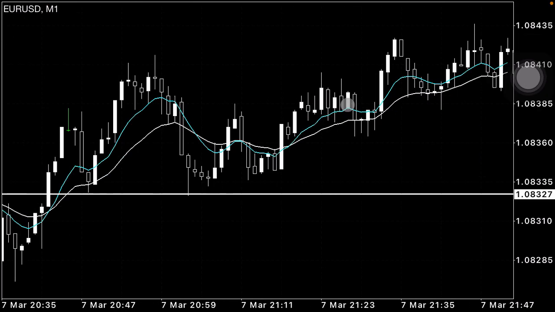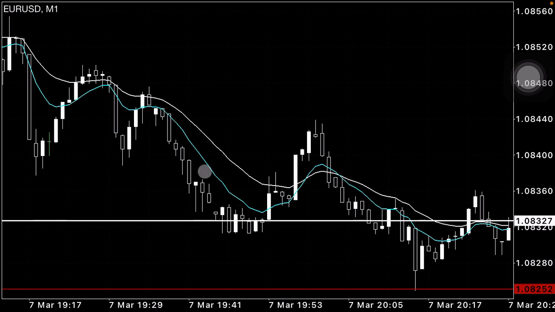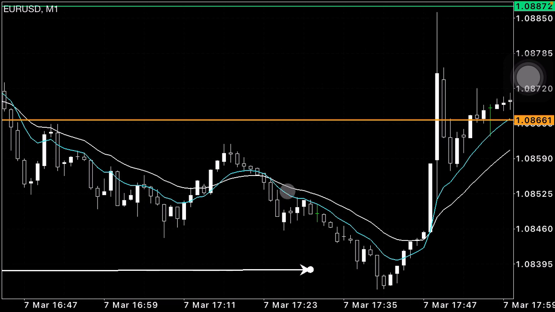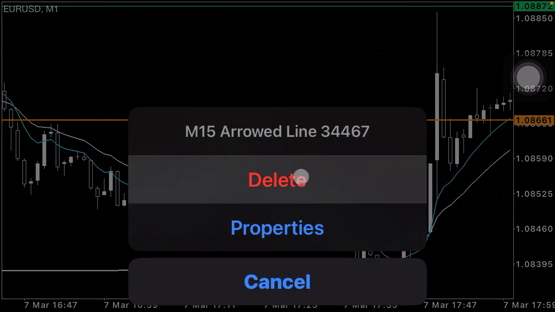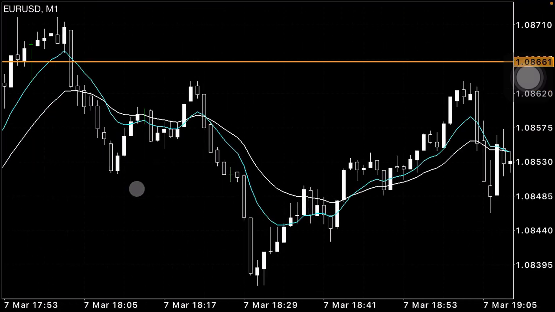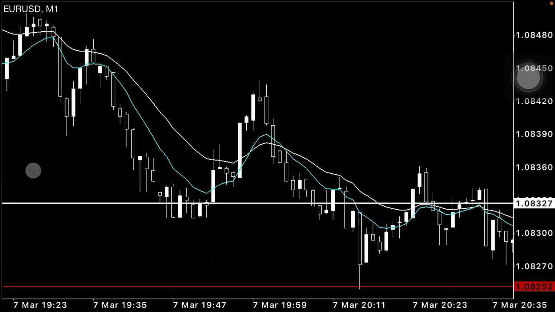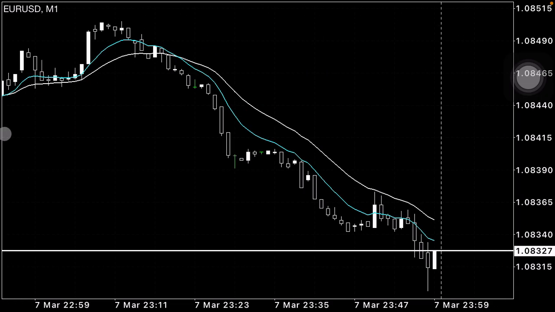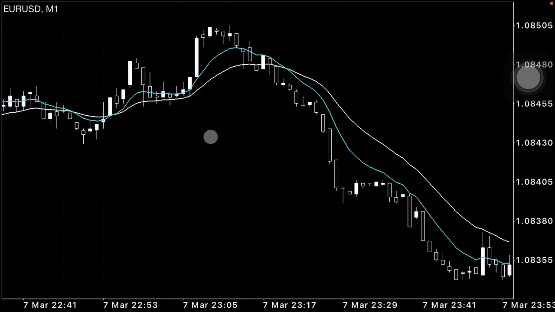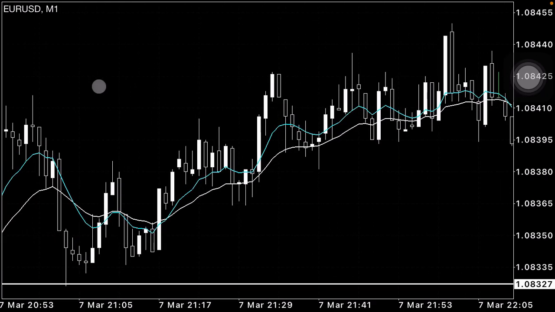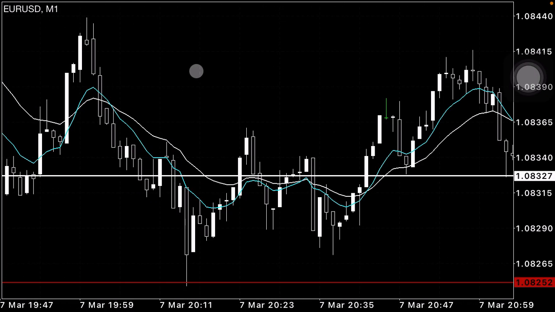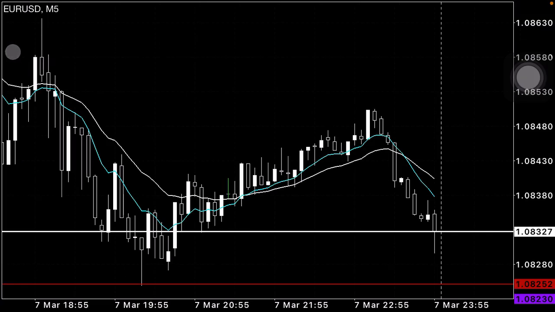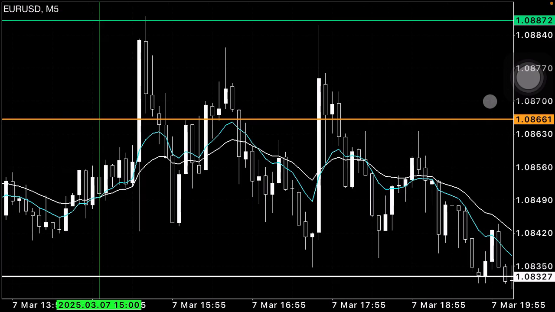And so go back here. Get rid of this arrow. That was the previous trade. I'm looking for the... Go to the 5 minute.